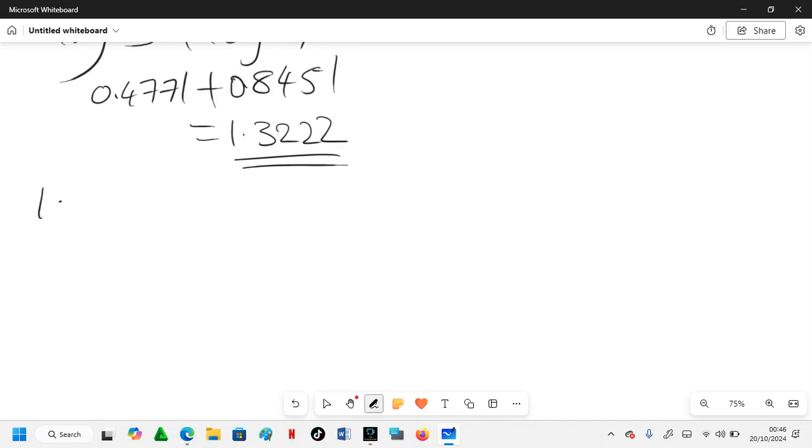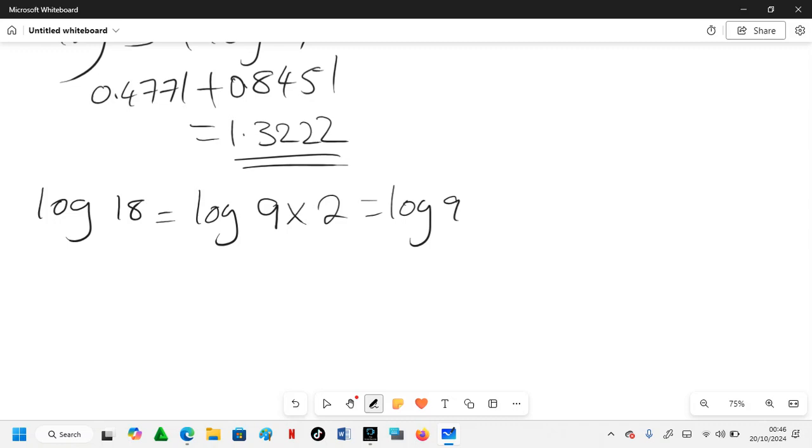Someone can decide to test something like, find the log of 18. If you go to the mathematical tables, you cannot find the log of 18. But common sense can tell you that the log of 18 is the same as the log of 9 times 2, which is the same as the log of 9 plus the log of 2.